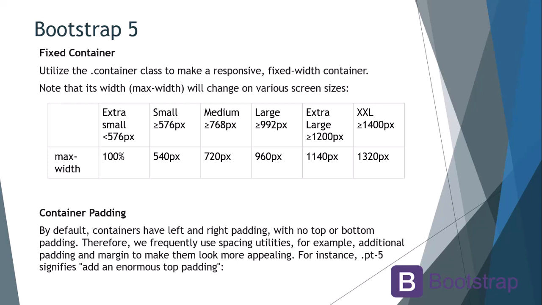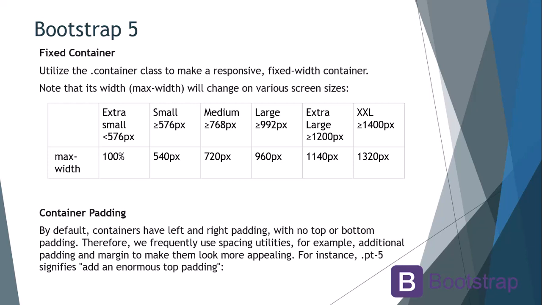All right, now we have the medium screen, which is greater than or equal to 768 pixels, and the max width is 720 pixels. Okay, and now we have the large screen, which is greater than or equal to 992 pixels, and the max width is 960 pixels.